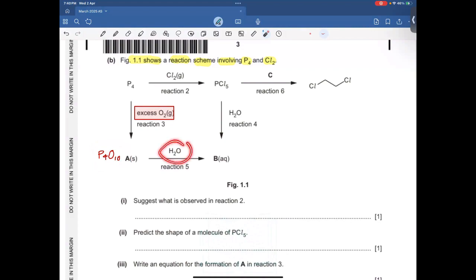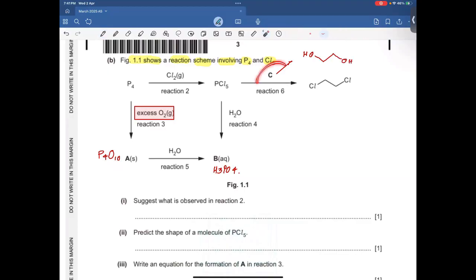Now, P4O10, when dissolved in water, obviously will give you an acidic solution of H3PO4, which is going to be phosphoric acid. Similarly, when PCl5 reacts with water, again B is formed, again phosphoric acid. PCl5, when treated with C, obviously this compound is formed. So C is going to be HO-CH2-CH2-OH.